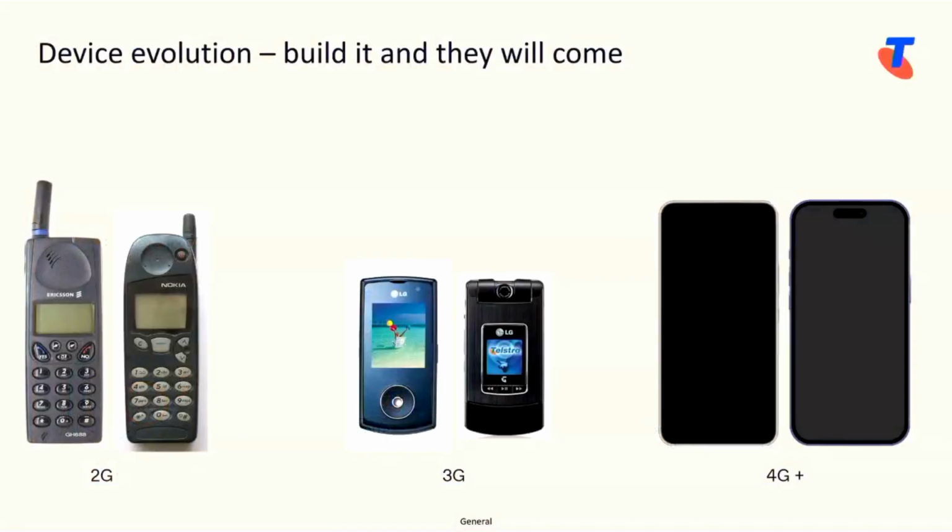And if we go back in time a little bit here, I brought in some relics from the past. You can see devices have changed a lot over time, but some things about them haven't changed. So this was my first phone, and I actually used this phone when I was working on the Sydney Olympics.